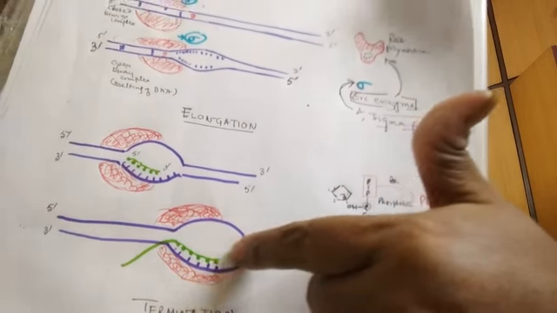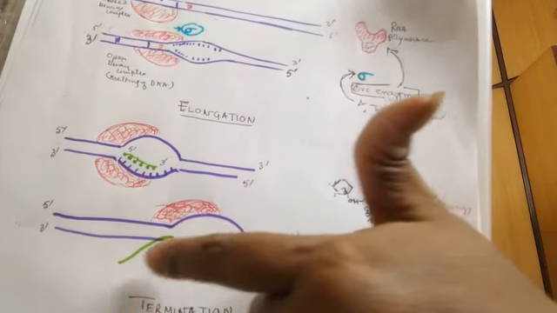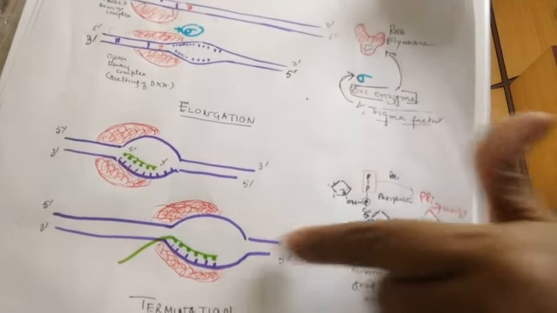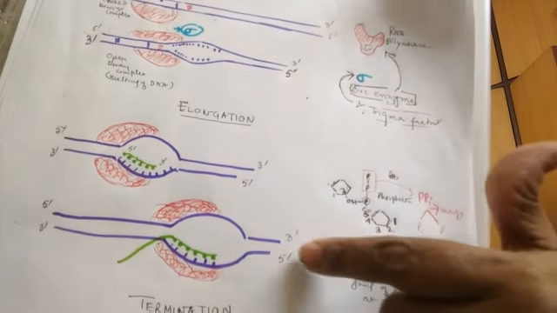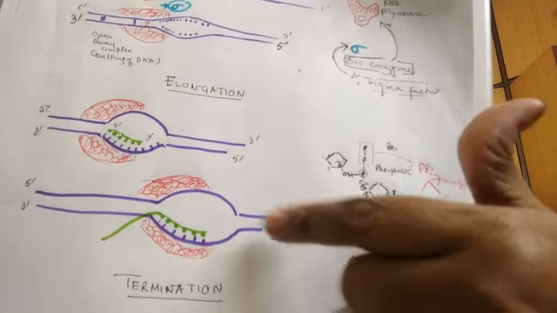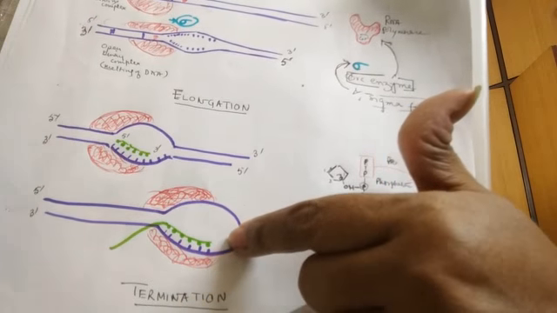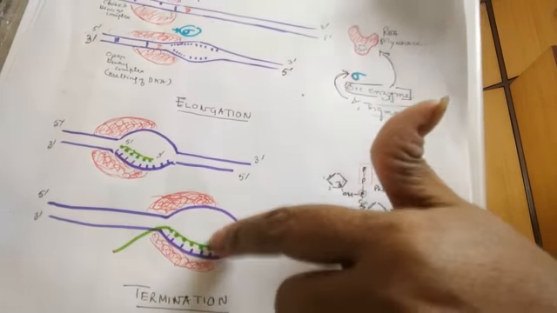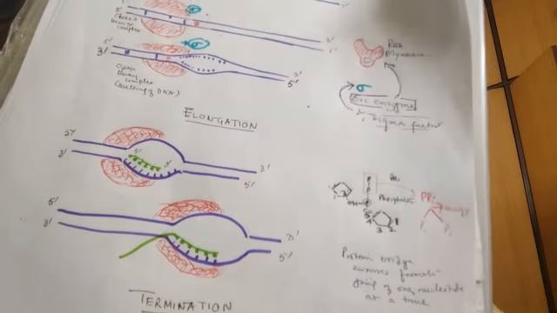Clear? So this is how the chain is gradually elongated, proceeding from 5' towards the 3' direction.